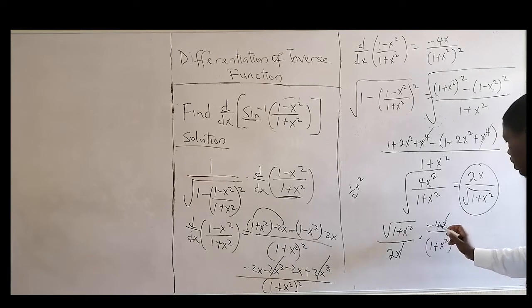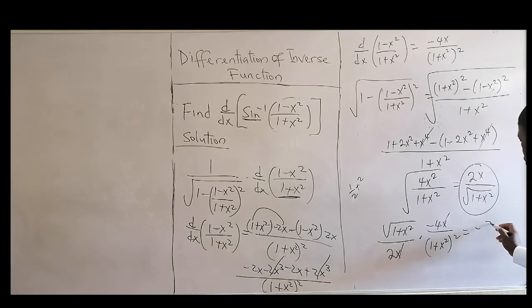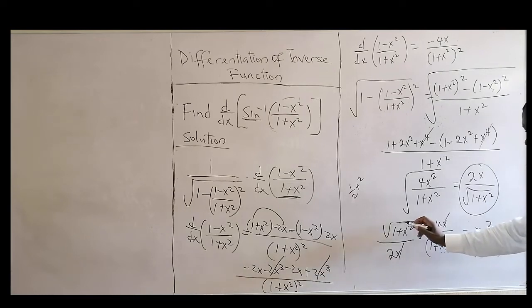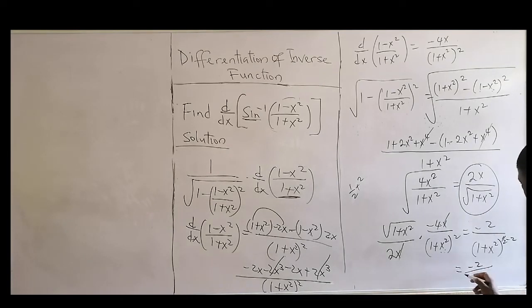Then this one and this one, that's minus 2. Then you can combine this together, all over 1 plus x squared. We have the same base. This power is half, so half minus 2. So that will be equal to minus 2 over 1 plus x squared, then half minus 2, that's minus 3 over 2. So that's that on that question.